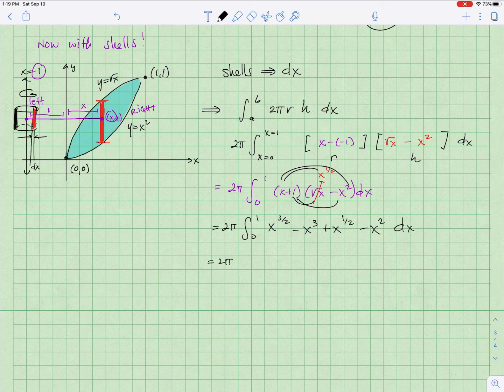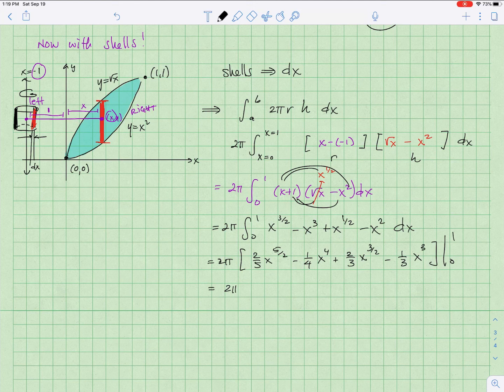And the antiderivative there should be relatively straightforward. This is 2/5 x to the 5/2 minus 1/4 x to the 4th power plus 2/3 x to the 3/2 minus 1/3 x cubed, evaluated between 0 and 1.